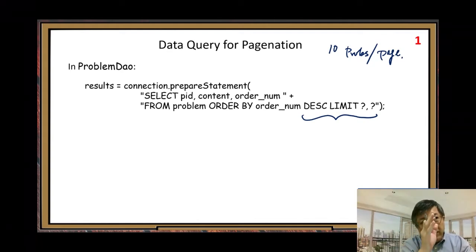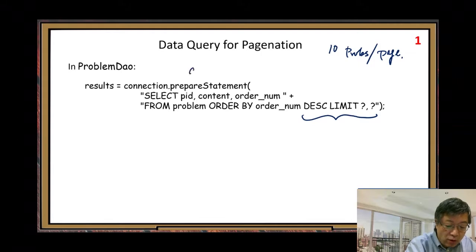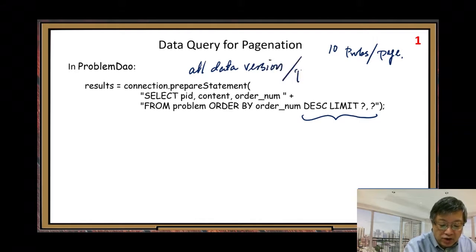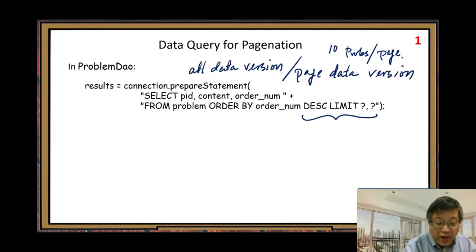We modify the query from the all data version to the page data version, right? Only one page of data. That modification is pretty simple.